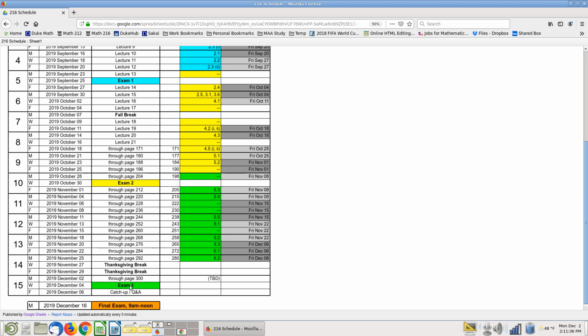You see also over here color coded in green the last section of 6.2. So 6.2 was the diagonalizable case. All the stuff that we did today is from 6.3 and beyond. So the stuff from today is not fair game for the midterm exam. But all the stuff from today and likewise all the stuff from Friday will be fair game for the final exam.